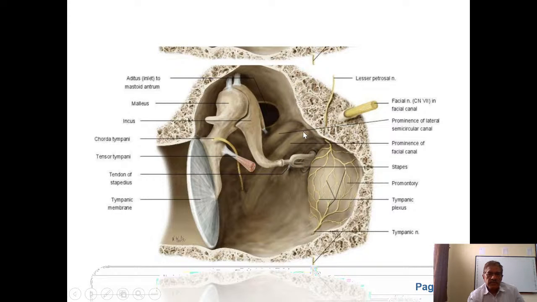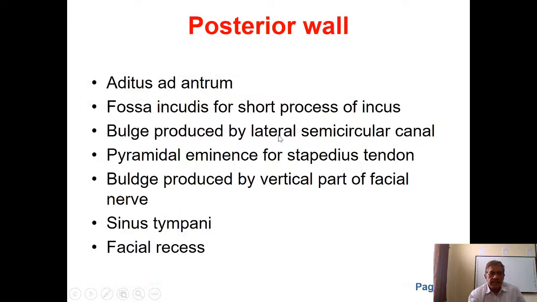Okay, so from the attic, from the epitympanum, there you see that passage. That passage is called the aditus, and this aditus connects the middle ear cavity to the mastoid antrum, which is the biggest air cell and is constantly present. That is the aditus ad antrum.